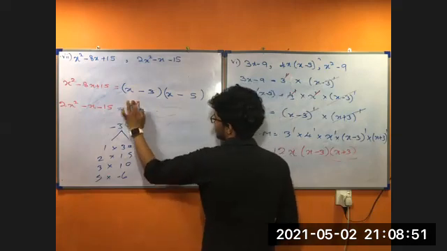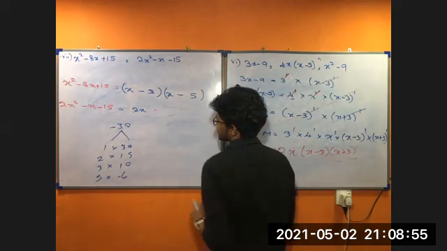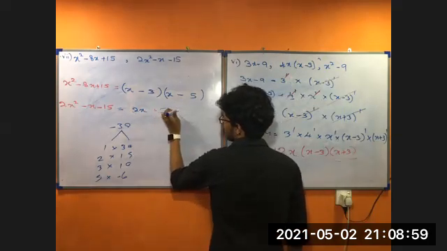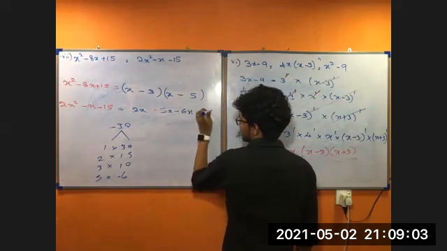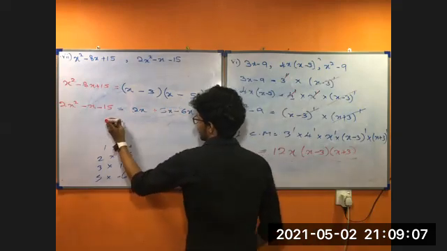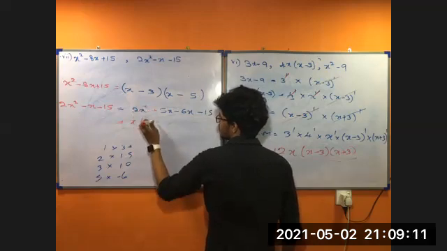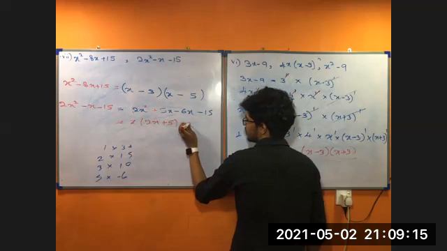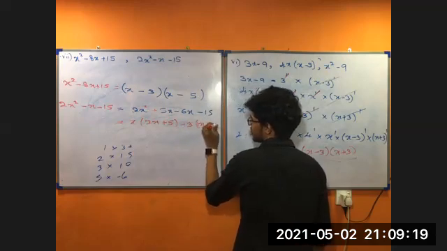So in that case, let's use the method. I will write 2x squared plus 5x minus 6x minus 15, right? So what do I get? I take x out, so it is x(2x + 5) minus 3(2x + 5).